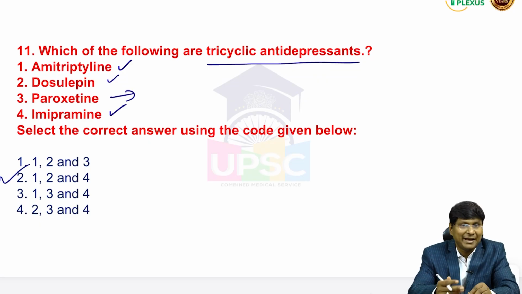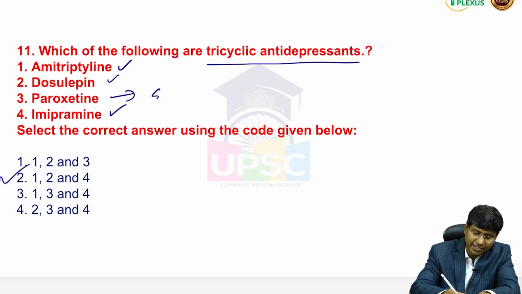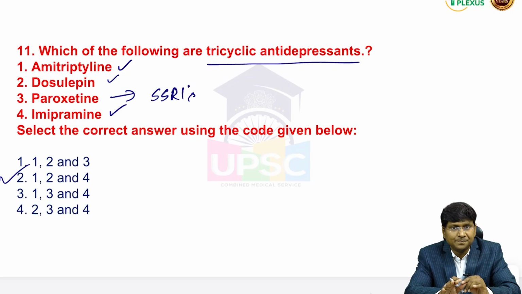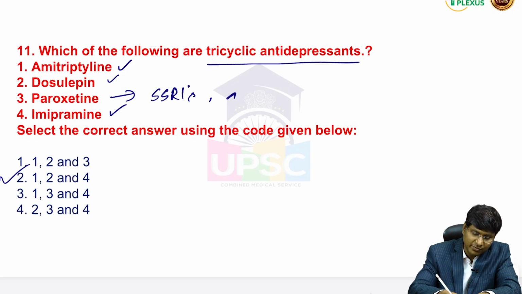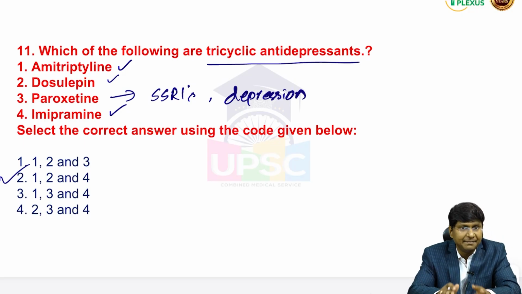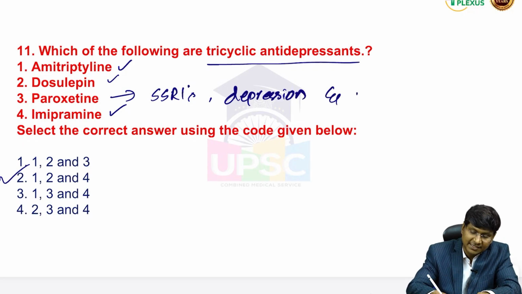Then what is paroxetine? Paroxetine is a medication belonging to the class of selective serotonin reuptake inhibitors, right? And it is also used for the treatment of depression as well as other mental illnesses.